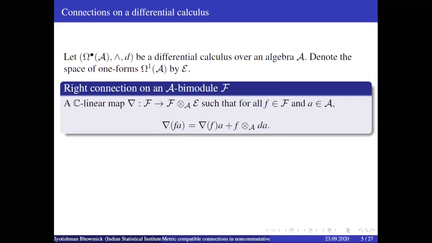In the classical picture, when A is equal to C infinity(M), then omega 1 A or E will stand for the space of sections of the cotangent bundle, and F will stand for a vector bundle over a manifold M. Then we get back what we know from differential geometry. In the classical case, left connections and right connections are in one-to-one correspondence, but in the non-commutative case, that's not the case.